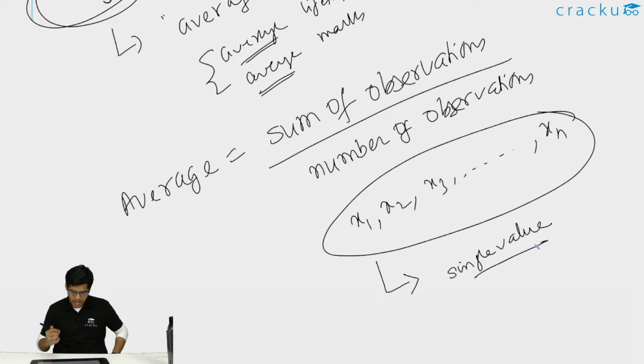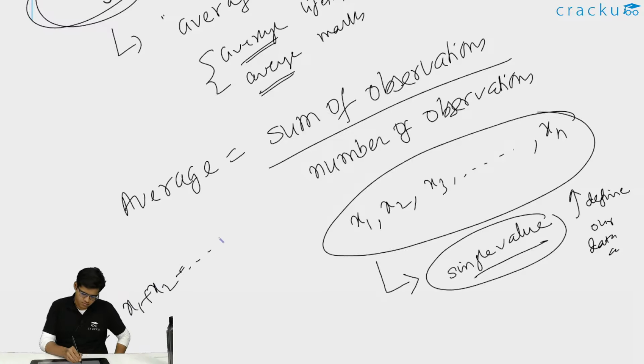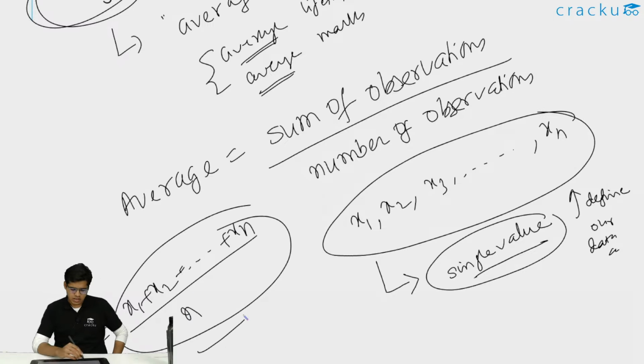So you need to understand, average is a single value which will define our data set. So average will be x1 plus x2 plus xn divided by n. Sum of observations by number of observations.